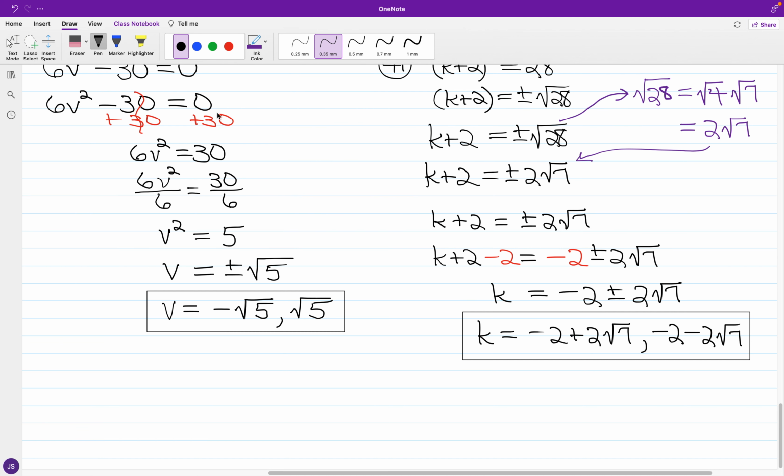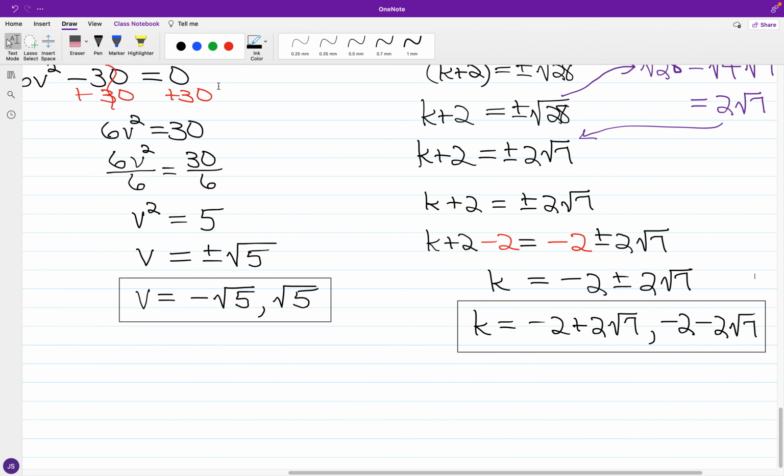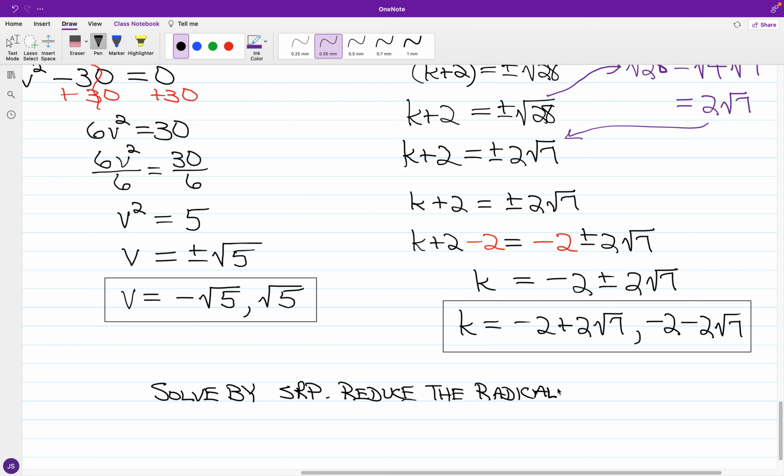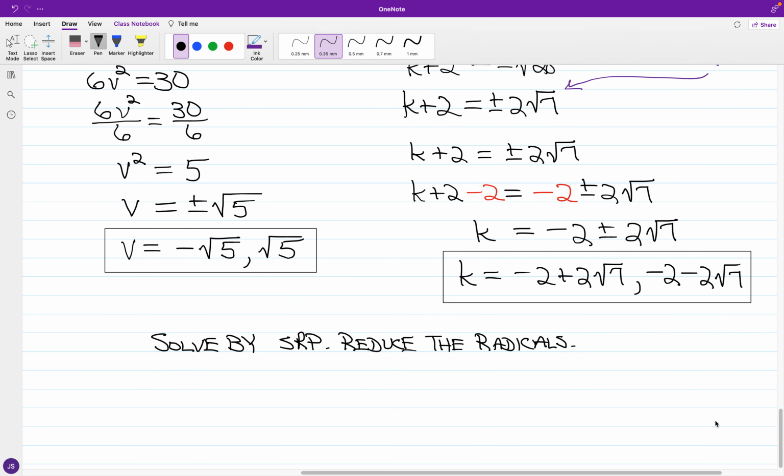But for what we have right now, at least with the square root property of equality, if you're looking at solving by the square root property of equality and reducing the radicals, we'll say for the next few moments.